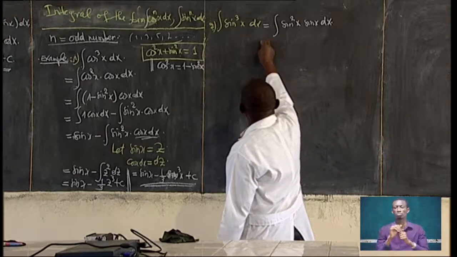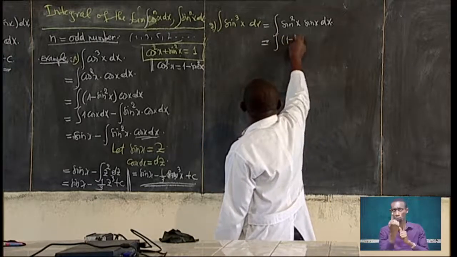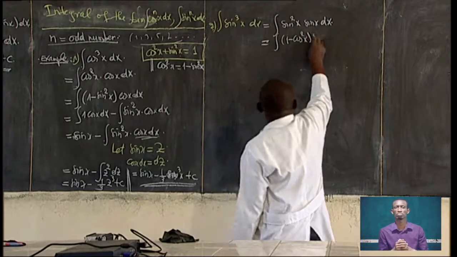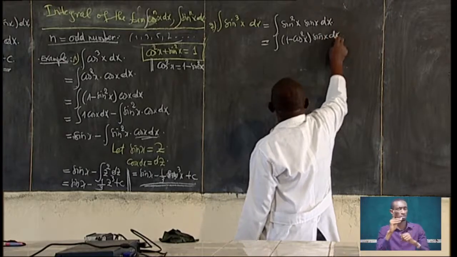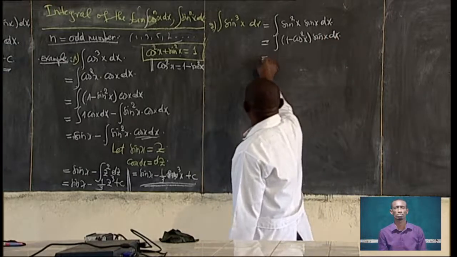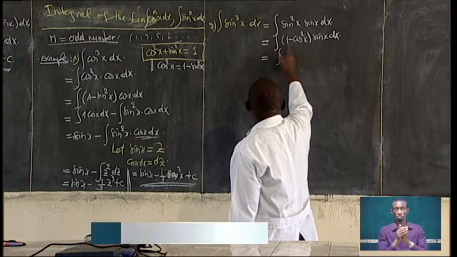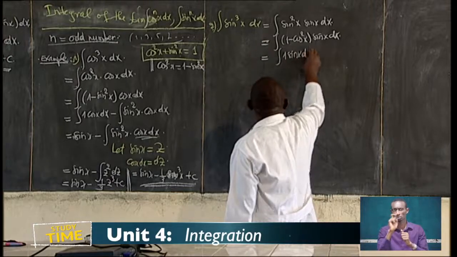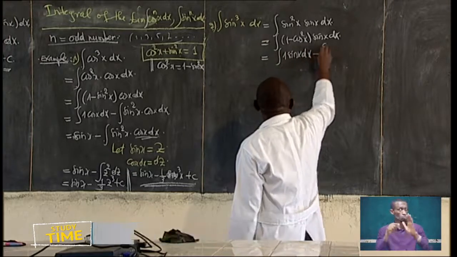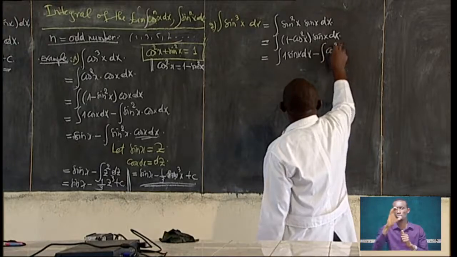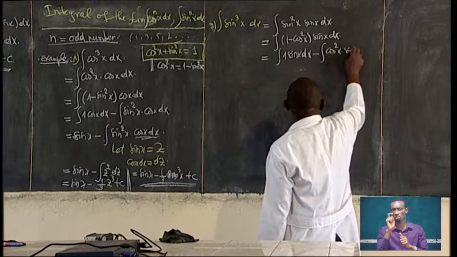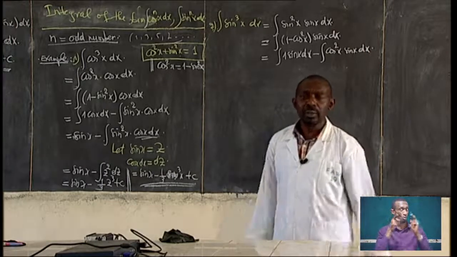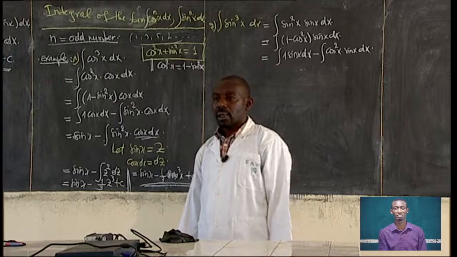Means that I have integral of 1 minus cosine squared x times sine x dx. Expanding this, I have integral of 1 sine x dx minus integral of cosine squared x times sine x dx. Hope you are following. Are we together?